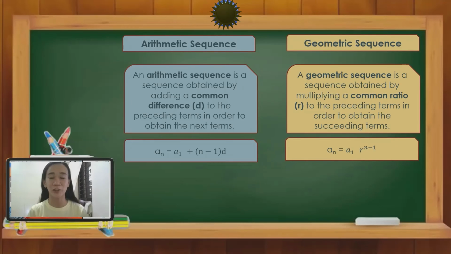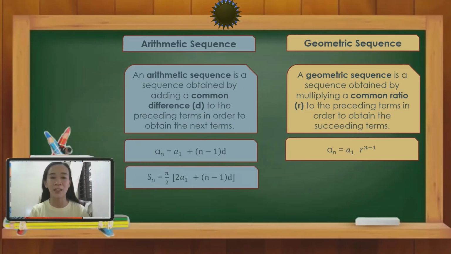As an introduction for our next week, we have here our formula in finding the sum of an arithmetic sequence. That is S sub n, or sum of the sequence, is equal to n over 2 times the quantity 2 times a sub 1 plus the quantity n minus 1 times d.